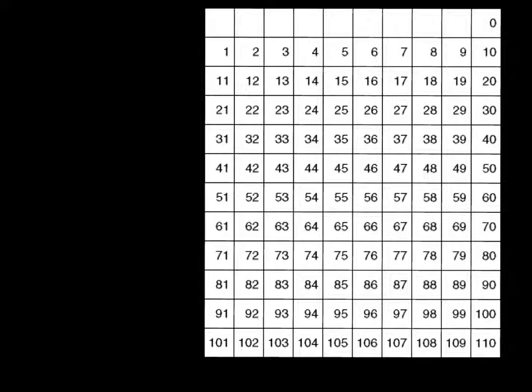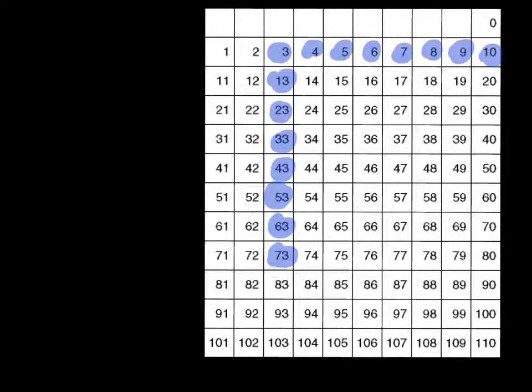So we know on number grids that each row the numbers are counting by ones. There's really no skipping. That's just counting by ones. However, when you go down one row, you begin adding 10 each time.